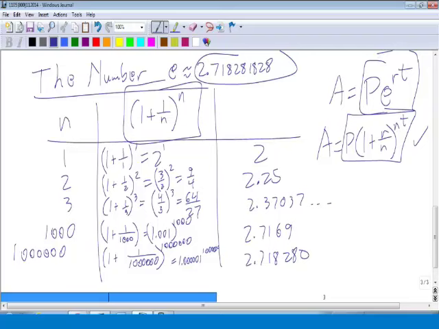But if we want to know what's the maximum amount $10,000 can grow to, when invested for 10 years at 8% annual interest rate, we would say A equals $10,000 times e to the 0.08 times 10.